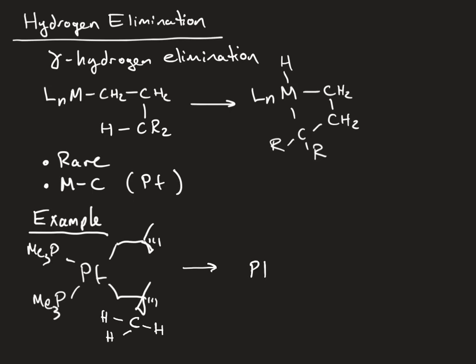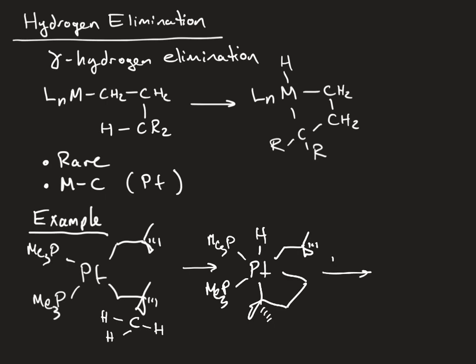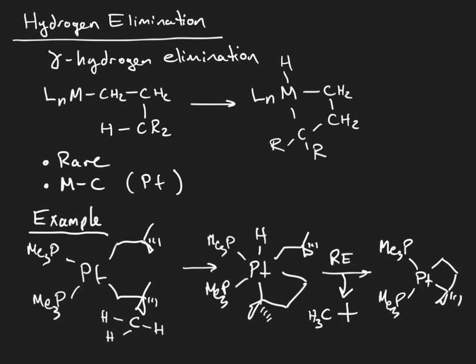This forms this complex here, which then undergoes a reductive elimination of this hydride and this organic ligand here. So it's going to release that compound and make that resulting organometallic species.